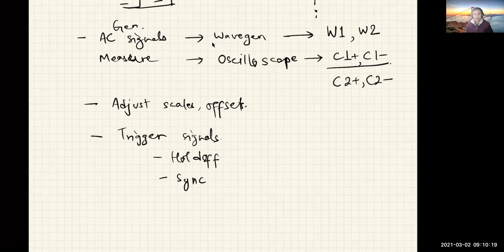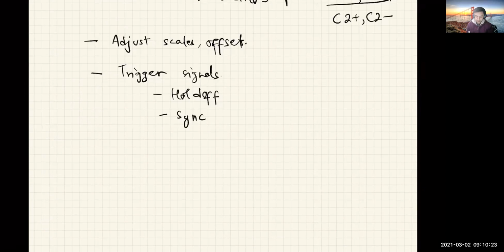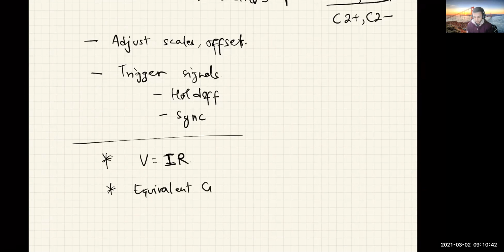Besides these, you've also learned circuit analysis tools. I guess the very first one being Ohm's law, V equals IR. This is the current voltage relationship of a resistor. You've learned about equivalent circuits, right?